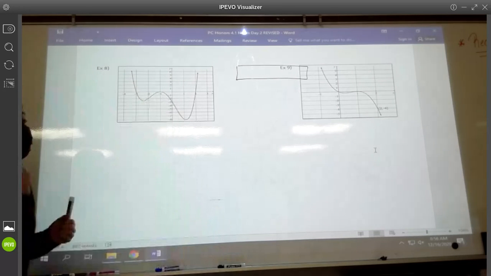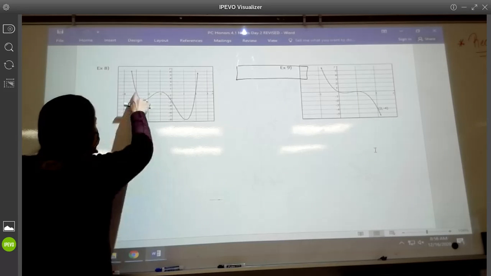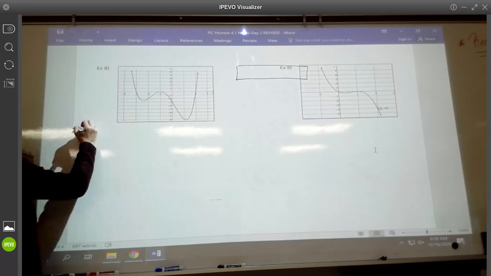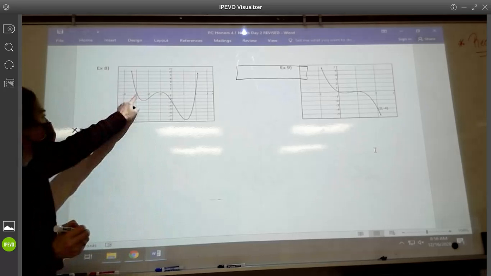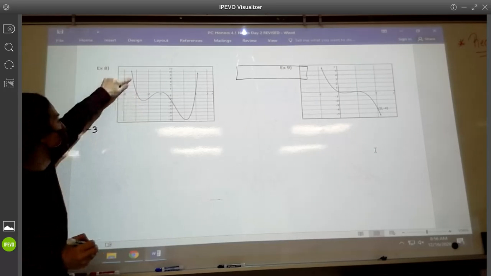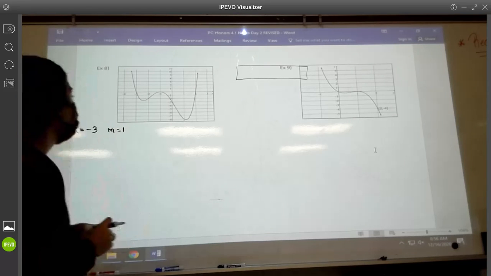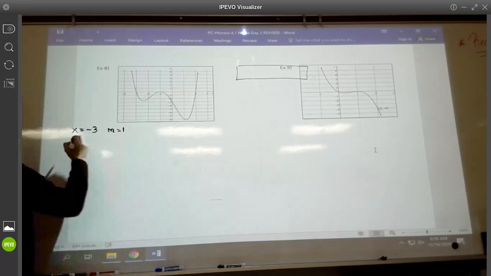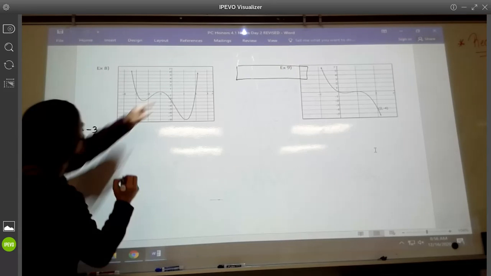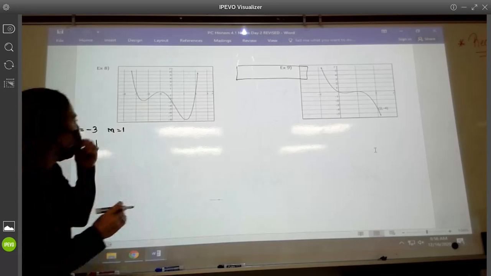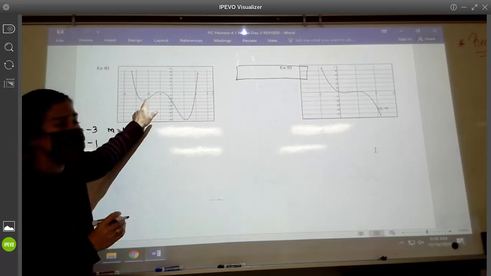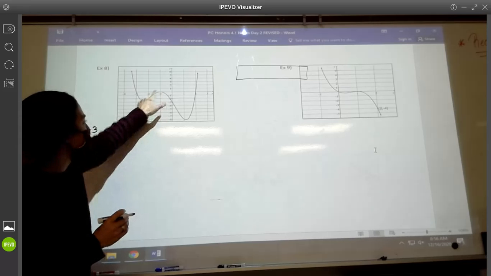All right, let's identify our x-intercepts. I have an x-intercept at -3. Guys, pay attention to how it crosses. It crosses like normal, so that must be multiplicity 1. All right, I have an x-intercept at -2. No, I'm sorry, -1. But look how it behaves. At -1, what does the graph do?